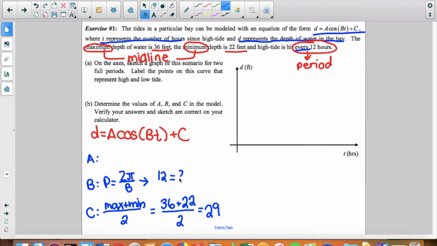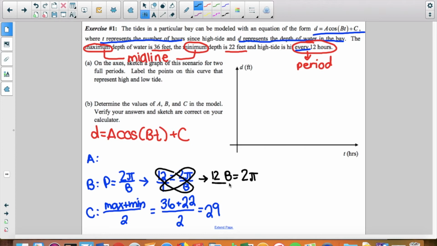So 12 is equal to 2 pi divided by B. We do need to cross multiply, but we need two fractions, so we're going to put the 12 over 1. And now we have 12 times b, which is 12b. And then we have 2 pi times 1, which is just 2 pi.